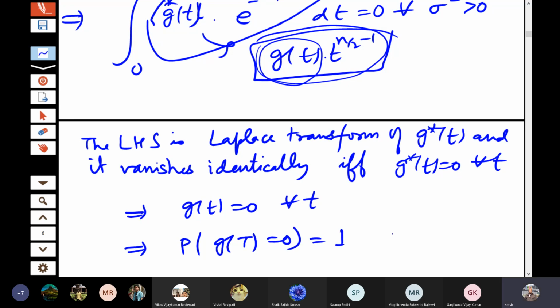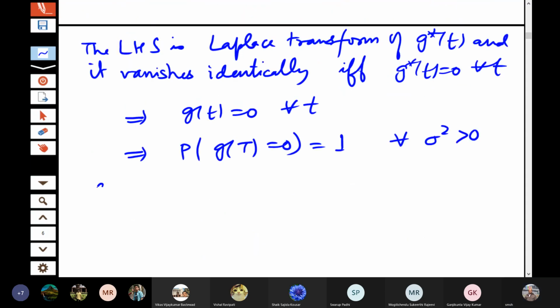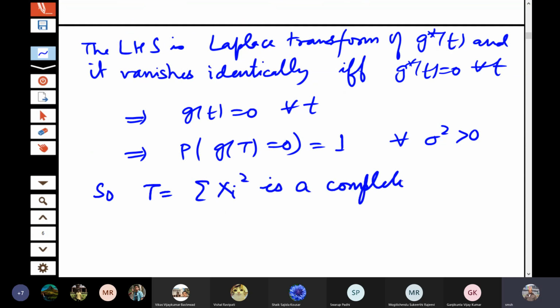So that means probability that g(t) is equal to 0 is equal to 1. So T equal to sigma xi square is a complete statistic here.